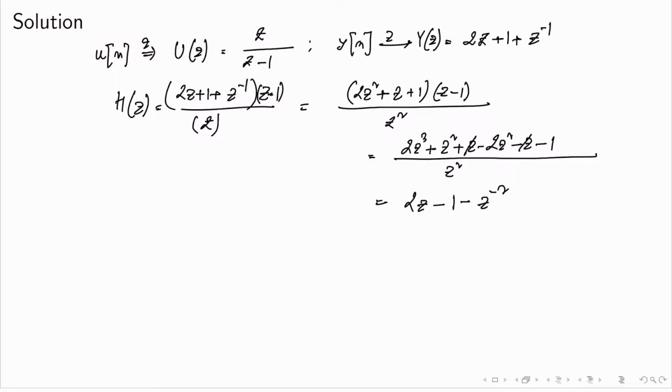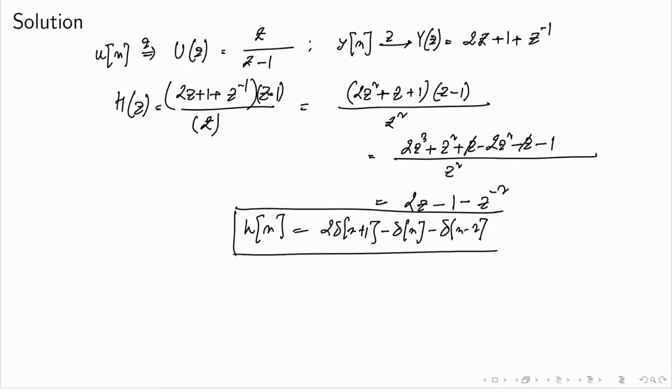And now what will be the impulse response of the system, which will be the inverse Z transform, and this is given by 2 delta of n plus 1 minus delta of n minus delta of n minus 2, right? So this will be your impulse response of the system.